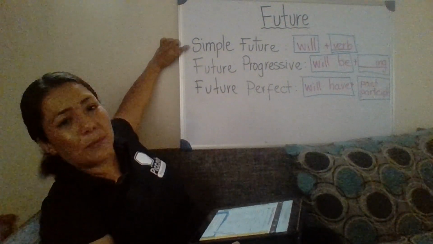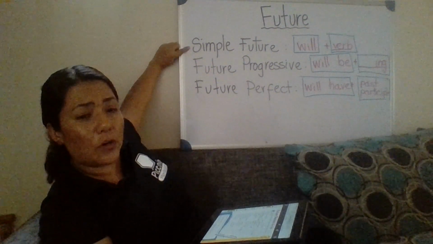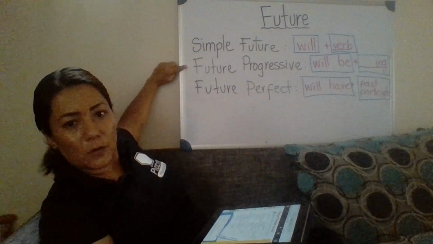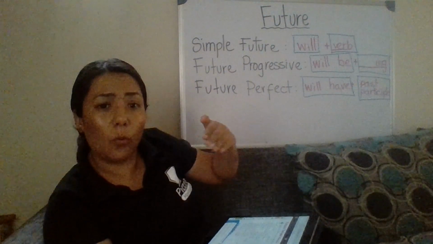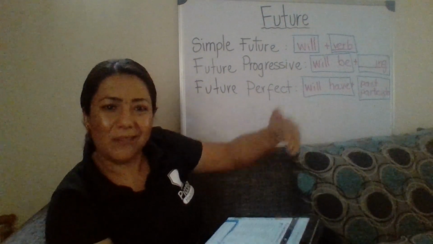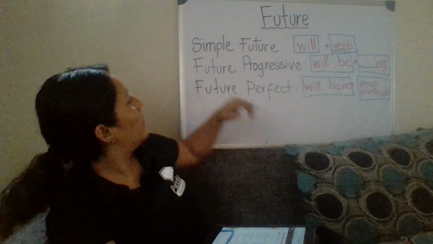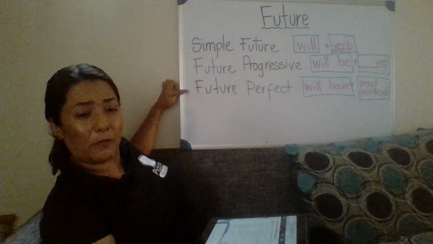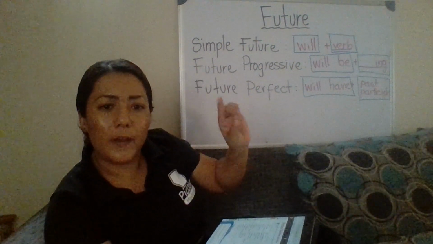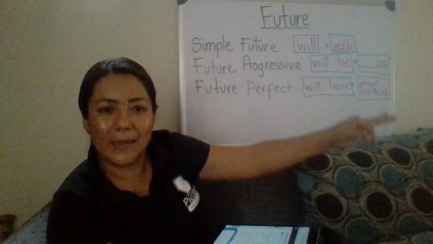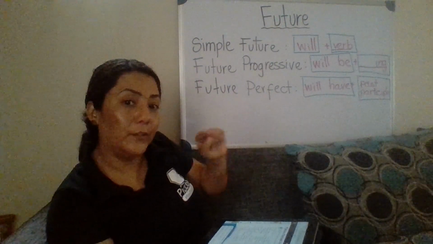Are they using simple future? Are they giving general information in the future? Or is it future progressive? Is it actions in the future that will continue happening for a period of time? It'll continue, go on, go on, go on? Or is it future perfect? Are they saying that something will be finished or will be done by a specific time in the future? You see the difference? Okay, try.